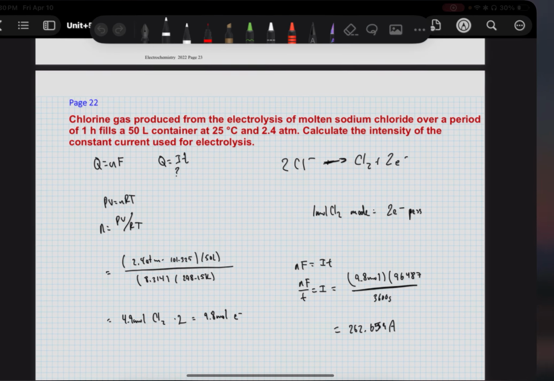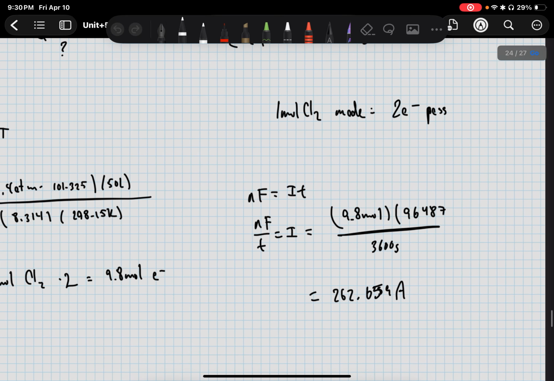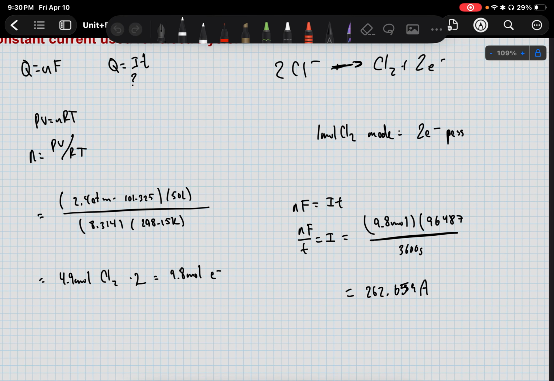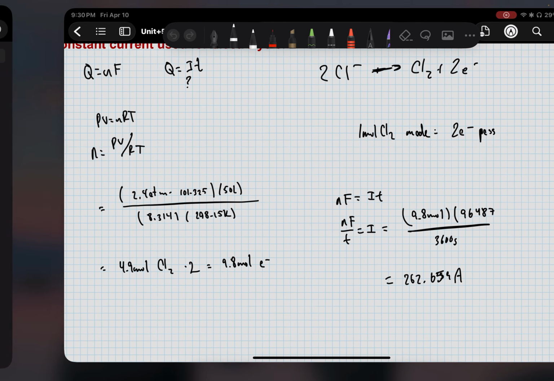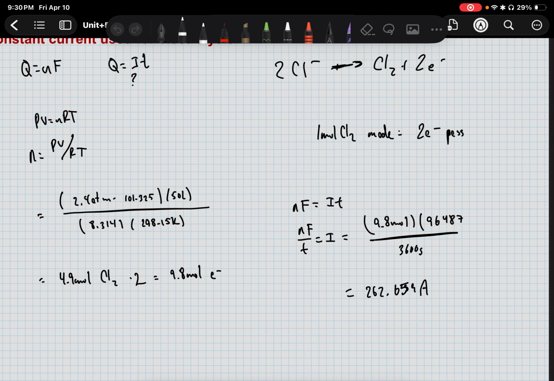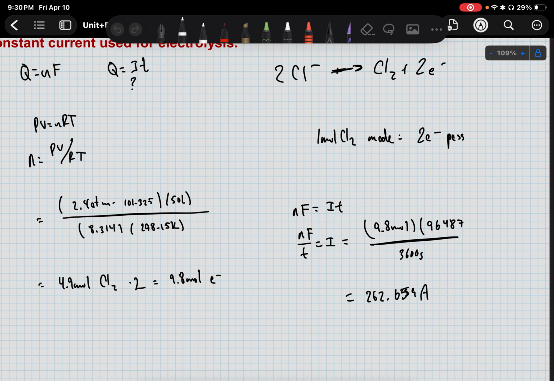Let me just look at my notes real quick. Yeah. Wait, hold on. Why am I getting 269? Oh, I forgot to add another number. Whoops.